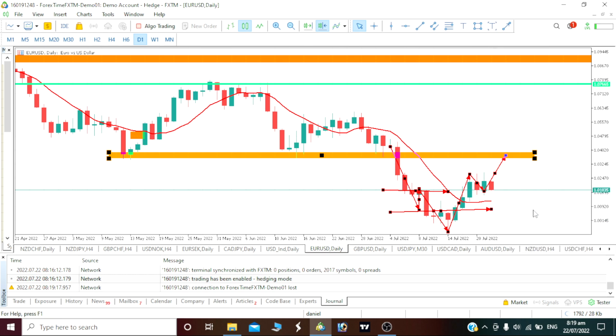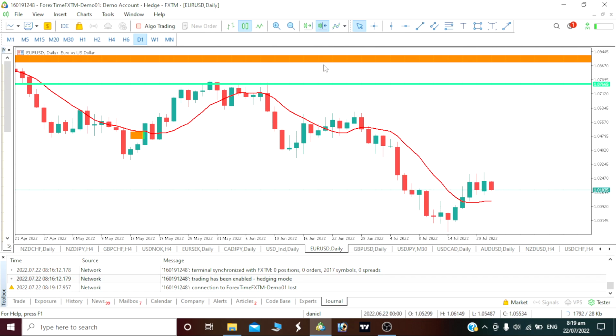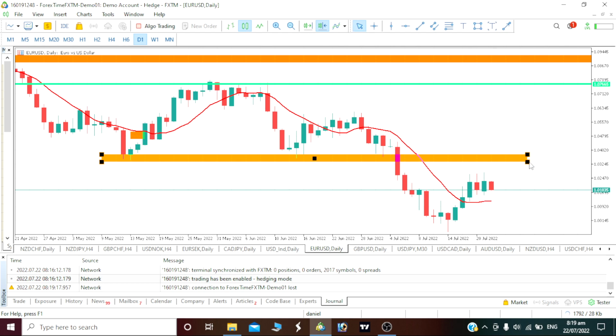If not, we would be aiming to go bullish. That is exactly what I am looking for, a bullish move on our Euro USD, at least to this key level. If we don't hit this level today, by Monday we should hit it.